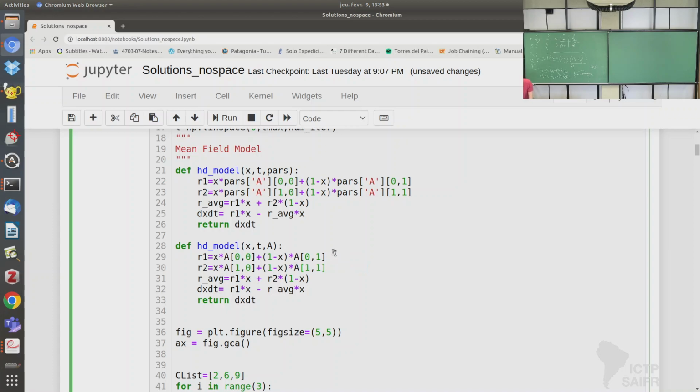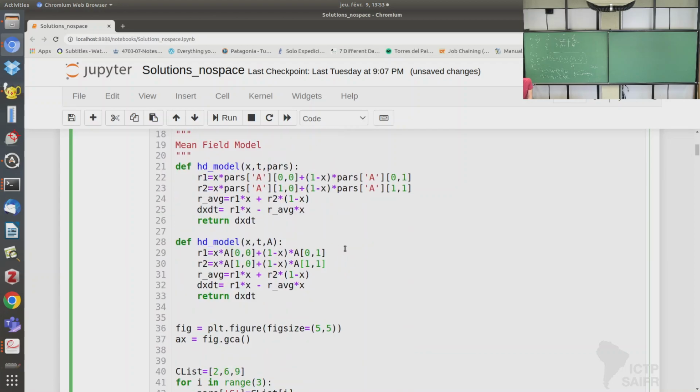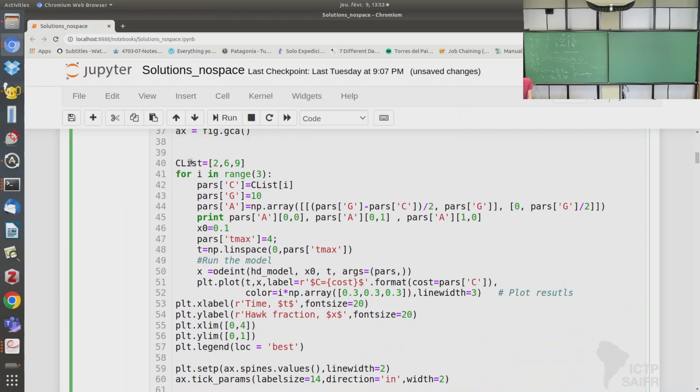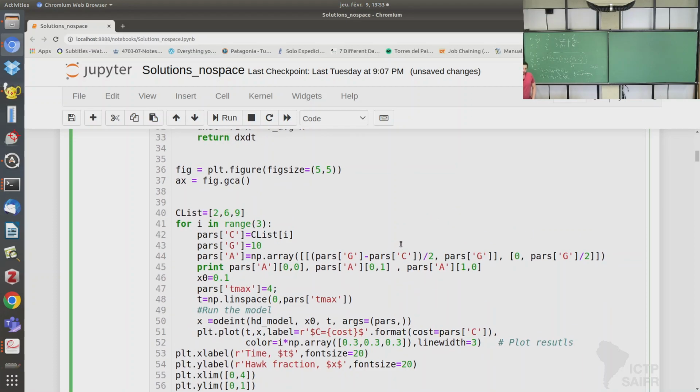And then instead of passing args equal to parse, you would say args equal to A. But dictionaries are very useful, so if you want to use Python, you should learn to use them.